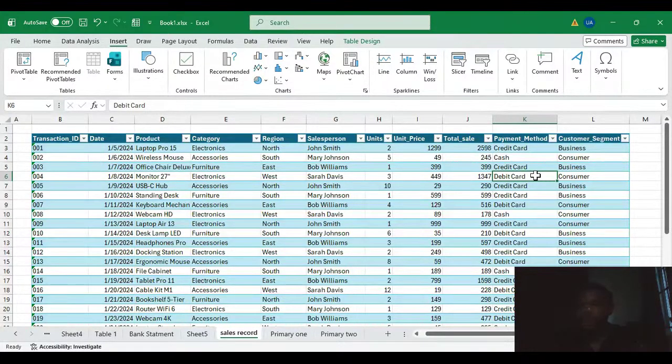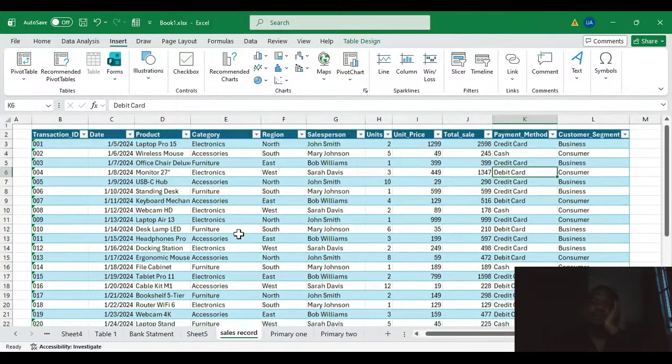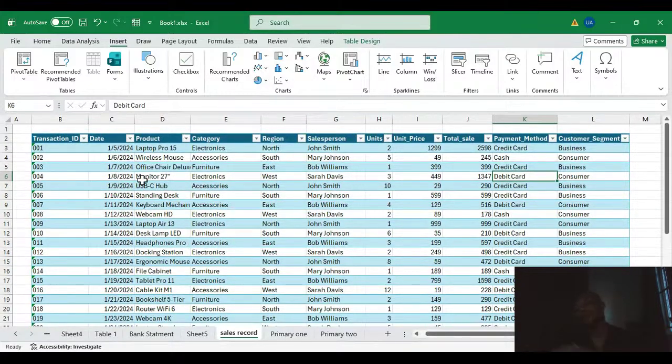Then over here, we also have customer segments. For the customer segments, we have business and we have customers. So this is giving us a basic picture of what our data will look like.